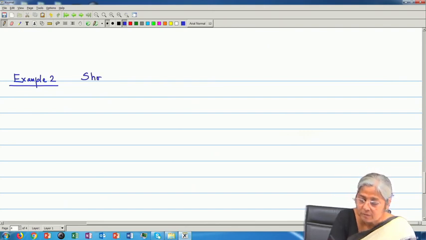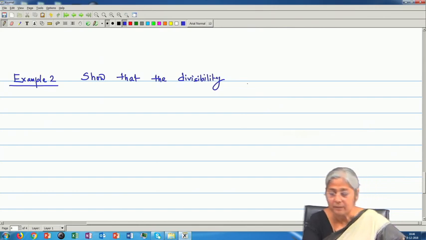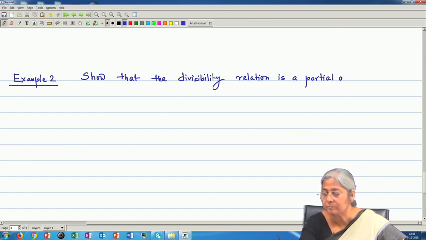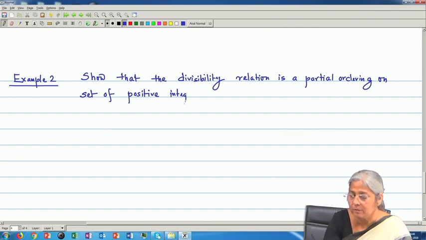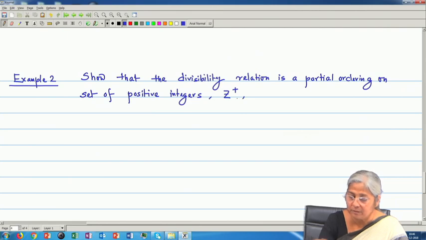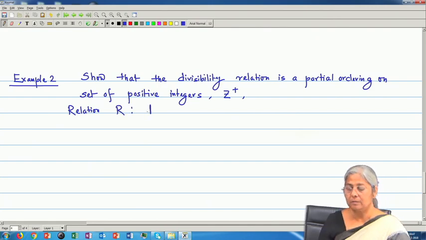We show that the divisibility relation is a partial ordering on the set of positive integers, normally denoted as Z plus, and we denote the relation R by division.